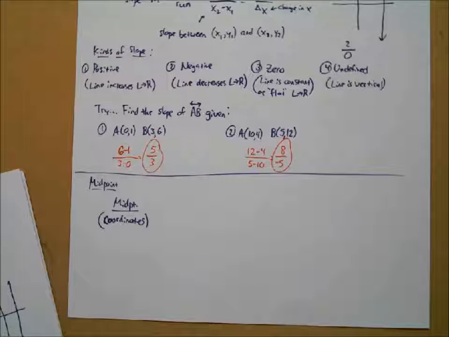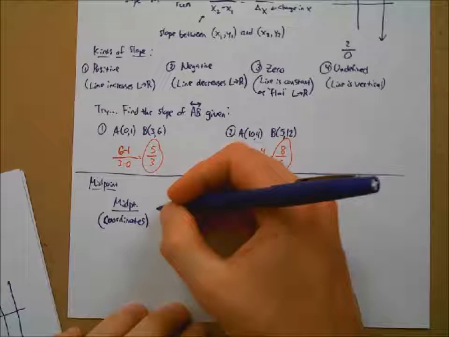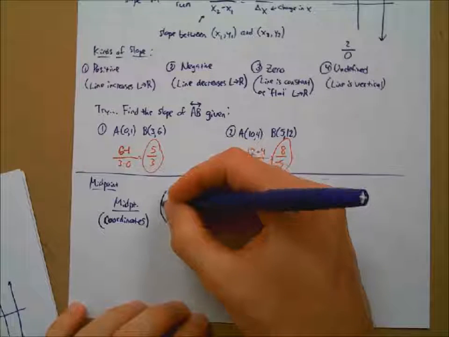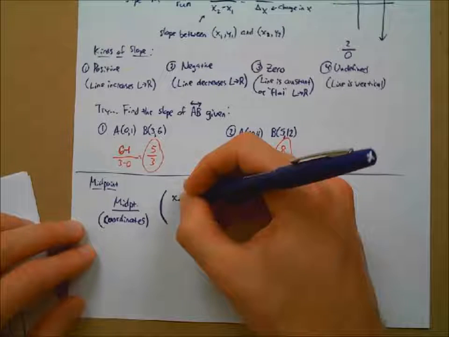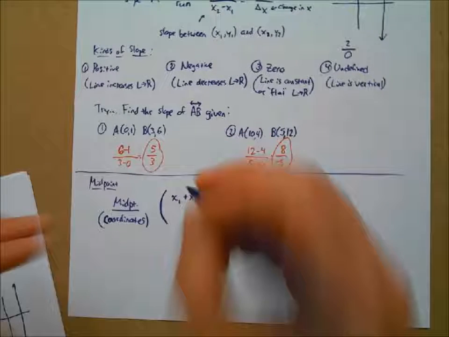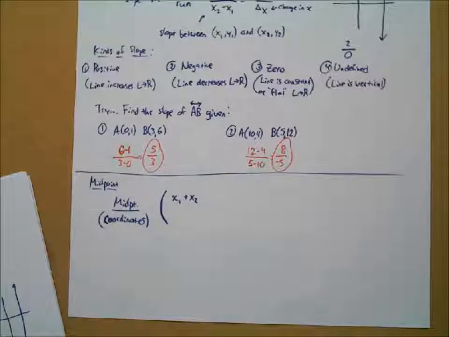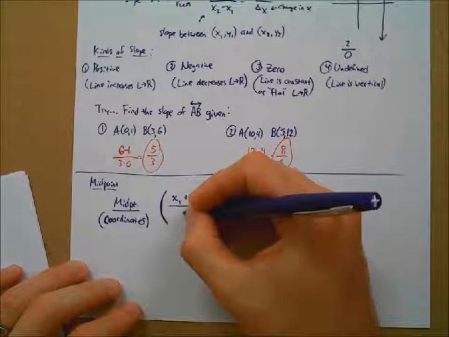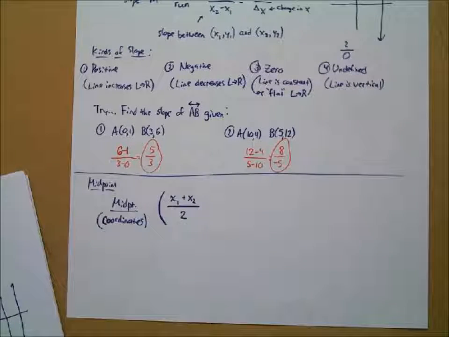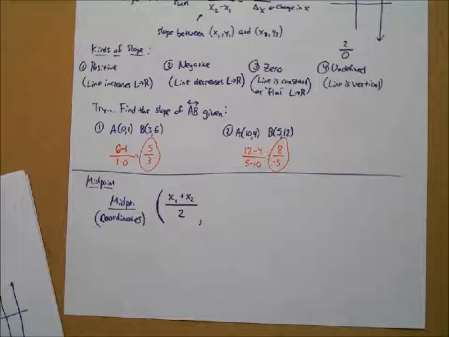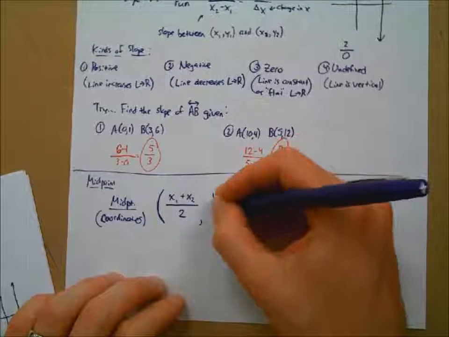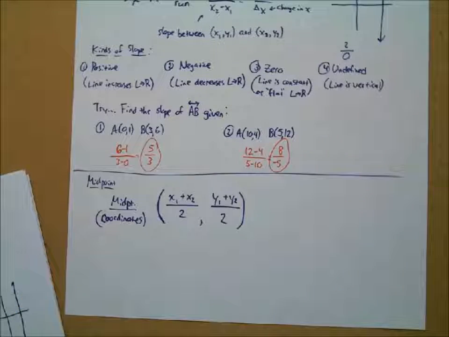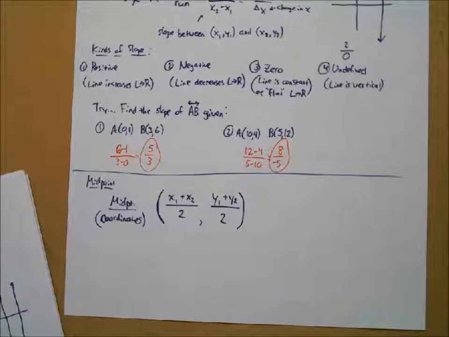The first thing we want to do is find the midpoint of the x-coordinates. We take the x-coordinates of our 2 points, because in order to find the midpoint, you need 2 points and find the midpoint between them. You add up the 2 x-coordinates and divide by 2, finding the average of the x-coordinates. Then, for the y-coordinate of your midpoint, you add the y-coordinates of the 2 endpoints and divide by 2.